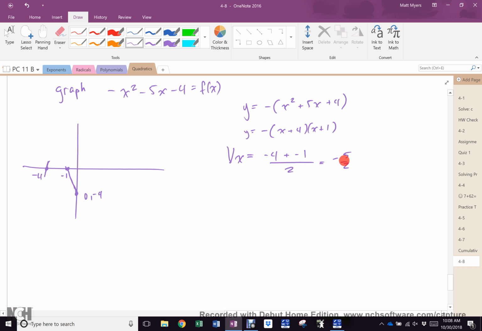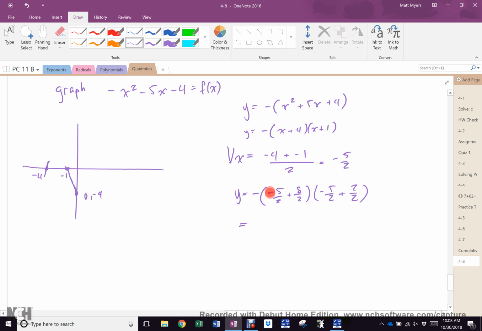Is that an x or a y value? So where would it go? It would go in for the x's, yes? So that y is going to equal negative 5 halves plus 4 is 8 halves, correct? Everyone agree? And negative 5 halves plus 1 is 2 halves, yes?